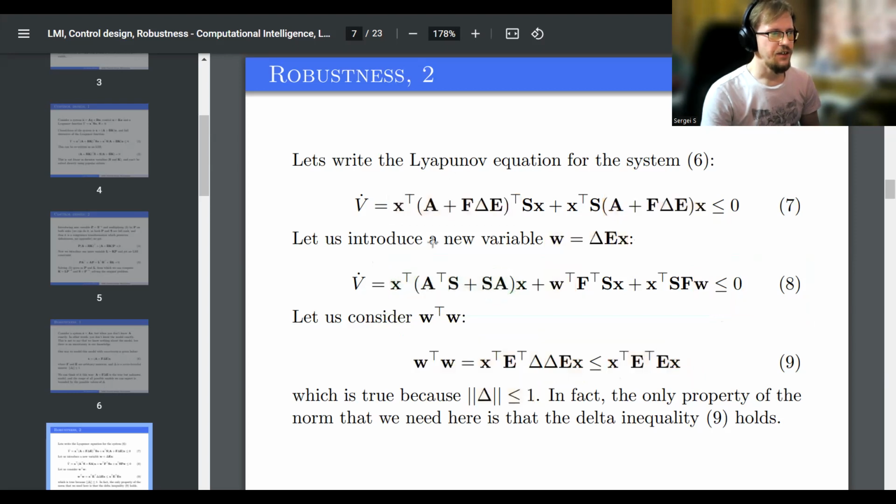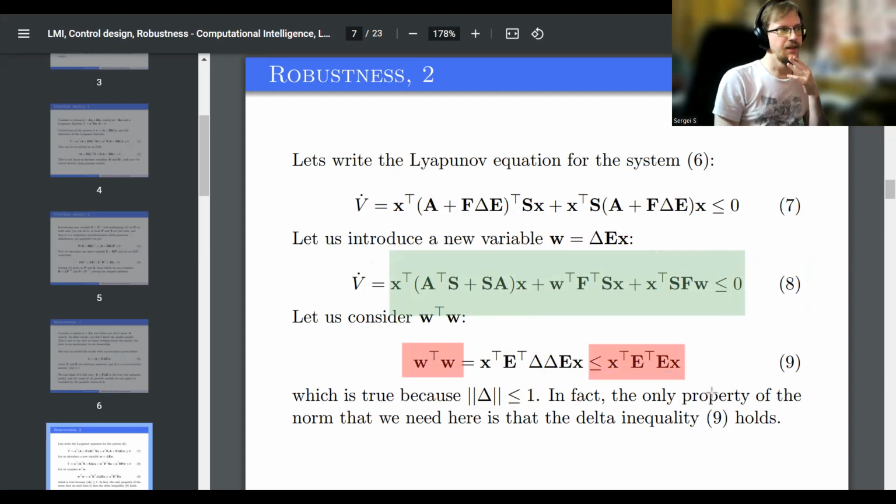Let me clear everything. So this inequality needs to hold only when this inequality holds. Okay. So it doesn't need to hold always. It only needs to hold when this inequality 9 holds, because asking it to hold always is too much.